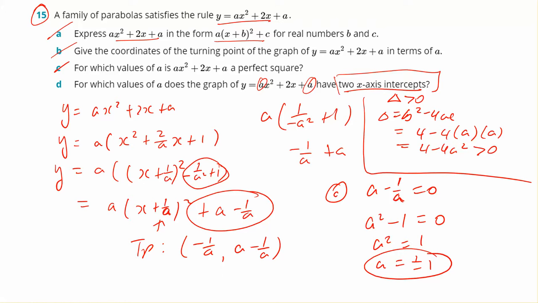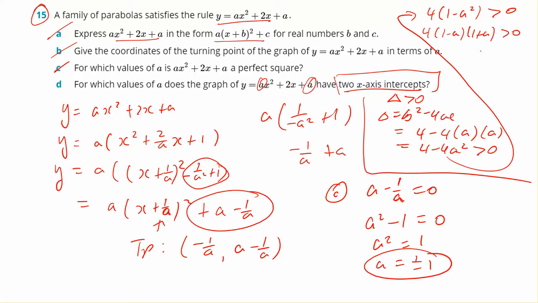I want to get a visual of what that looks like on the graph. 4 minus 4a squared, I'm better off factorizing that. We've got 4 times (1 minus a squared) greater than 0. So we need to get an idea of what the discriminant graph looks like. 1 minus a squared is a difference of squares, so (1 minus a)(1 plus a) is greater than 0. We've got a graph that's going to be a frown because there's a negative in front of the a squared.